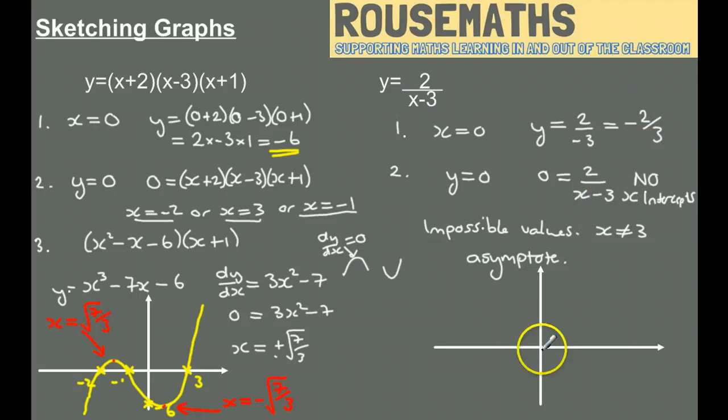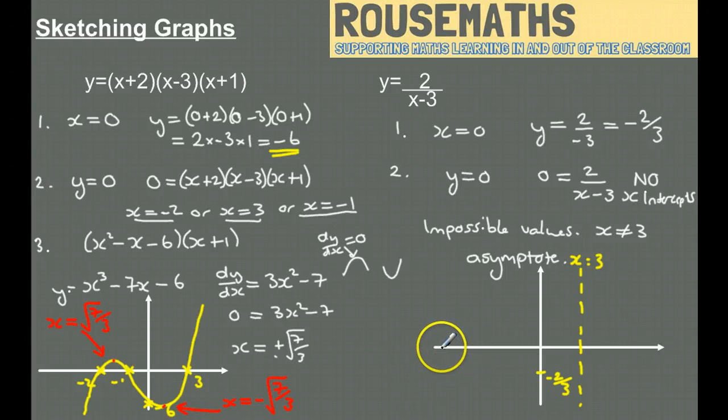Okay, so first of all, the y-intercept is negative 2 over 3. There's an impossible value of x equals 3, so what I have to do is put in an asymptote there. The equation of that is x equals 3, and what that means is that our line doesn't cross the x-axis.